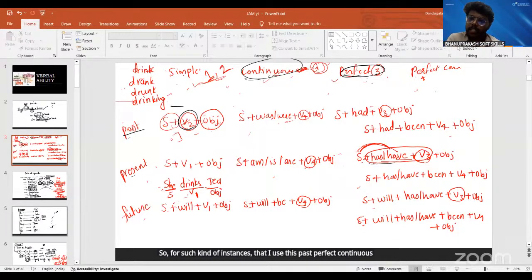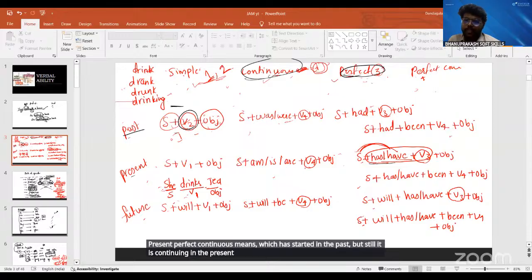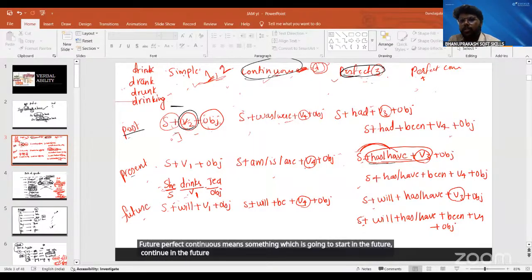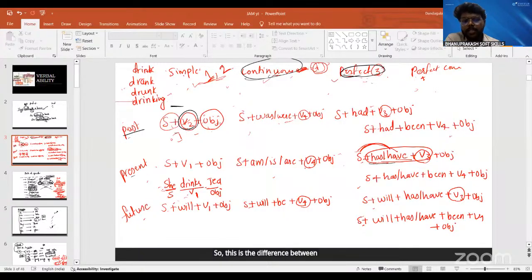Present perfect continuous means something which started in the past, but still is continuing in the present. Future perfect continuous means something which is going to start in the future, continue in the future, and end in the future itself. So this is the difference between past, present, and future perfect continuous.